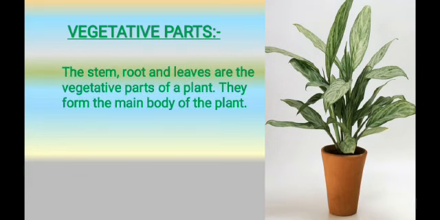Here you can see that the upper ground portion of the plant is called the vegetative parts, but roots are also included in the vegetative parts. The stem, leaves, knot, internode and roots, all of these are the vegetative parts.